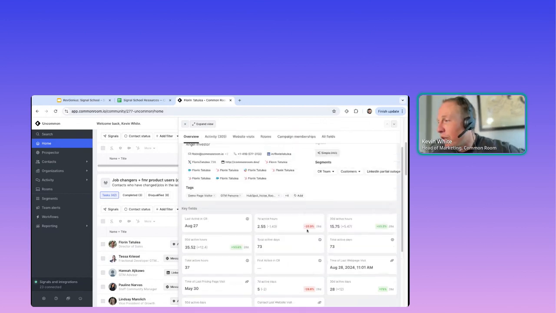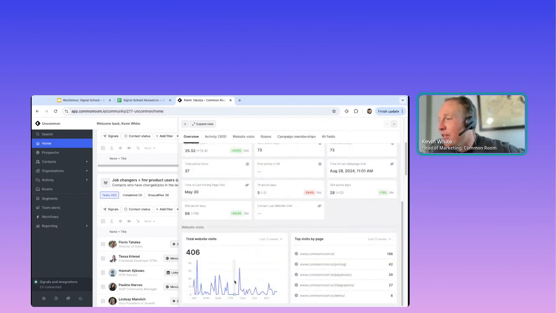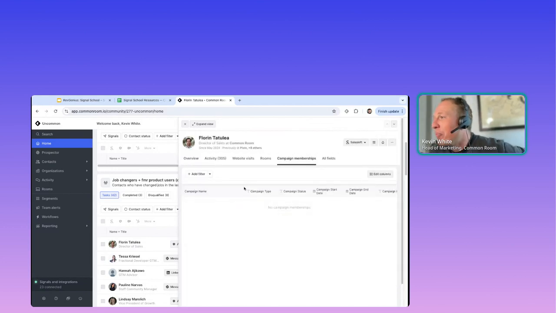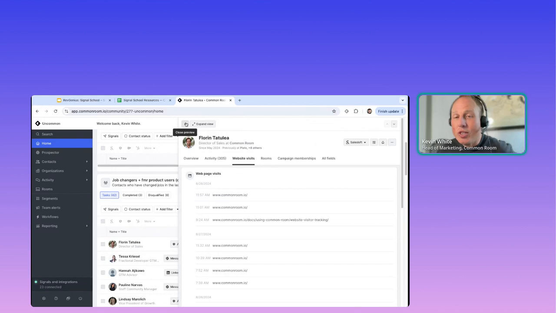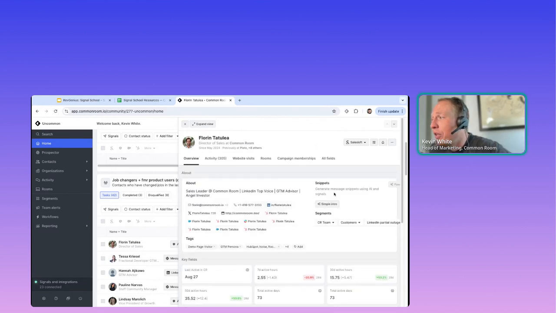We have all his product usage data here. We have his website visits, and he's an employee, so there are a lot of website visits. We have the campaigns he's in within Salesforce, which we don't really use heavily. This is what I'm saying about stitching together all the different signals onto a single user record. And the other thing is that this user record is also grouped up into an organization.